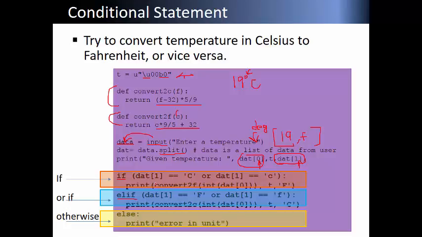Then you need to call convert to F. If it is F, small f or big F, then you need to call convert to C. So depending upon the second element in the list, see that one, depending upon that, you need to call the function selectively. That's what this program does. Otherwise, you can say error. Okay.